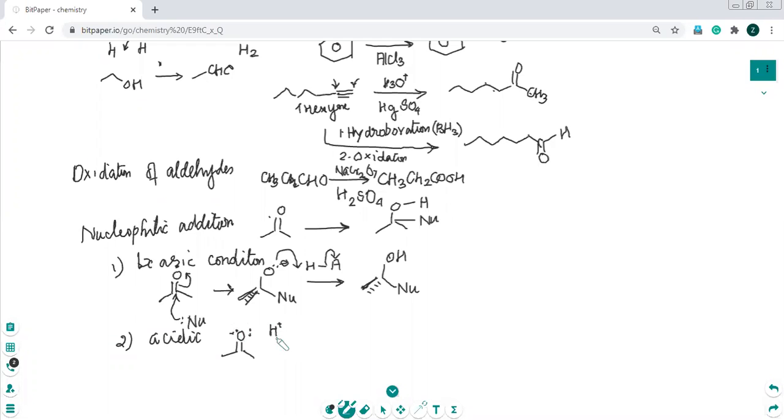See, the medium is acidic, meaning H plus is very reactive. So see the result: a double bond with a positive charge, one lone pair of electrons remaining, and you get OH.